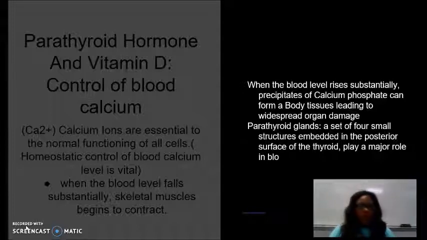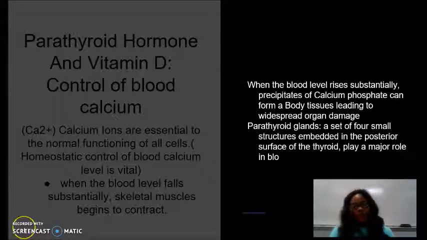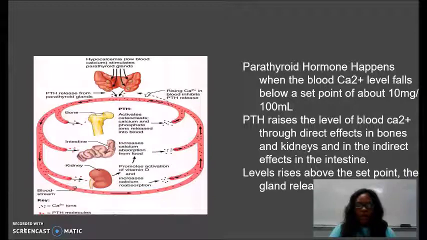And when the blood level rises, it precipitates the level of calcium phosphate the body can form in the tissues. Parathyroid hormone is released when the blood Ca2+ level falls below a set point of about 10 milligrams per 100 milliliters.